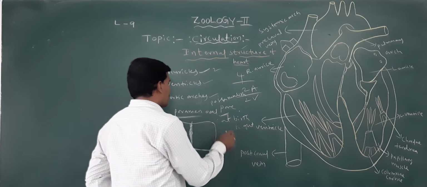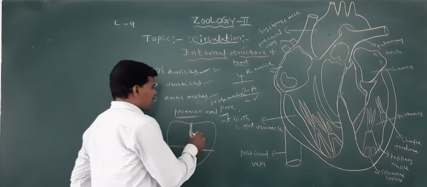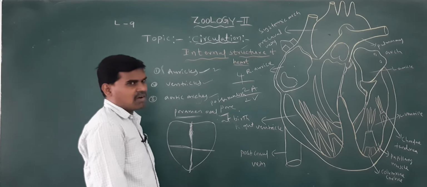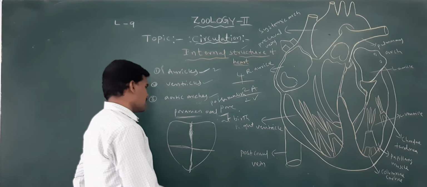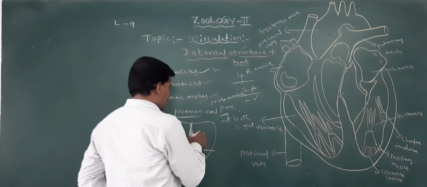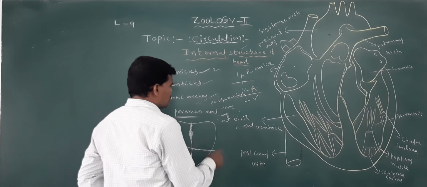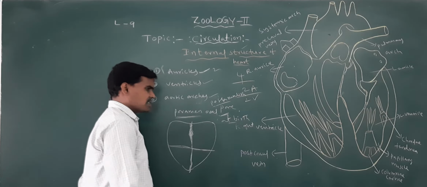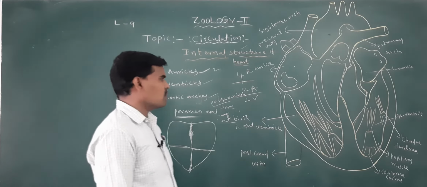This is called the foramen ovale. When the lungs begin functioning, it slowly closes at birth time. This is the fossa ovalis.